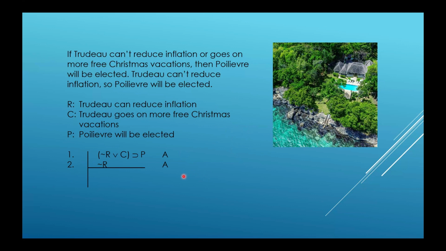Now, just notice here, what you'd like to be able to do is solve this using conditional elimination, because we have not R here. Trudeau won't reduce inflation. We want to be able to get to P, which is the conclusion of the argument. But remember that what conditional elimination says is you have to have the conditional and the antecedent of the conditional. The antecedent of the conditional is not R, it's this. So to get there, you have to use disjunction introduction to get the antecedent of the conditional.